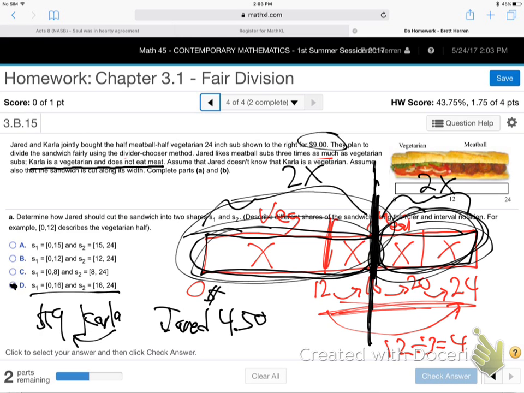Oh, let me do it again. 9D792C. All right, looks right. Save and close.